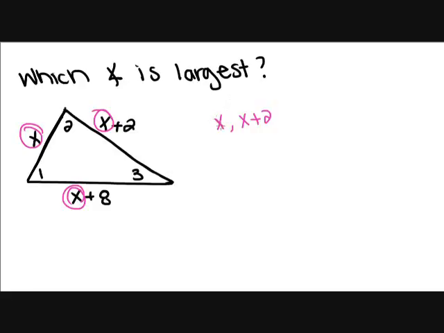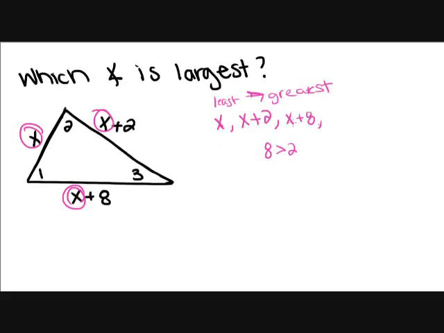So if I just have x, that's going to be less than if I have x and 2 more than x. And then x plus 8, because this is saying 8 more than x, and this is only 2 more than x. So this is from least to greatest.